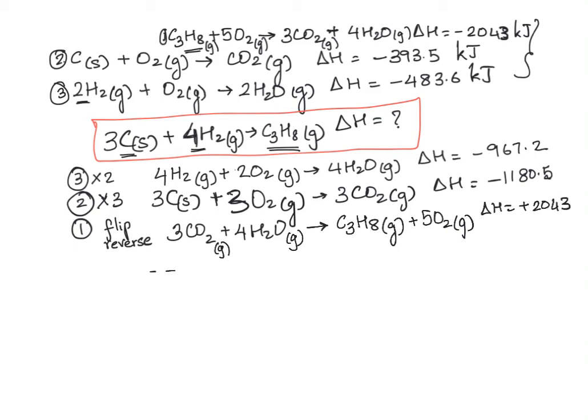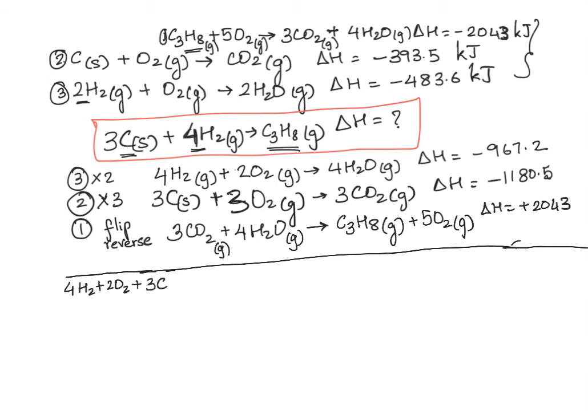Now add all these three reactions. When you add all these three reactions, you will get 4H2 plus 2O2 plus 3C plus 3O2 plus 3CO2 plus 4H2O.